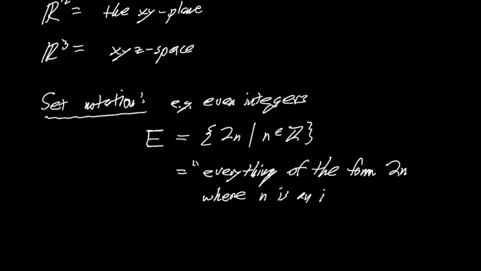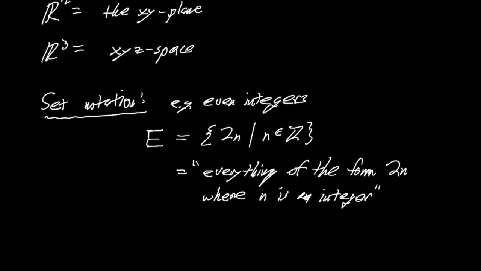We need to specify what the numbers come from. If I said 2n where everything's a real number, then that gets kind of weird. That's a lot bigger than just even integers, because now 1 would be in that set, because 2 times a half. So it's nice to specify that we're actually pulling only things from the integers.